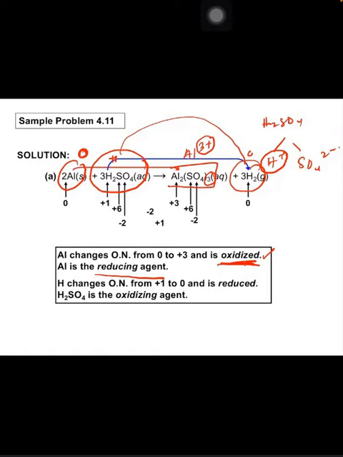So meaning that oxidation number untuk hydrogen berkurang daripada positive 1 kepada kosong. So we can say that hydrogen in H2SO4 is being reduced. Okay. Tapi as a whole, kalau kita nak panggil oxidizing agent, kita panggil seluruhnya lah H2SO4 is an oxidizing agent. Okay, sebab this is not monoatomic ion, this is polyatomic ion. So kalau kita nak identify agent, kita ambil the whole formula of compound. Okay, boleh? Any question?